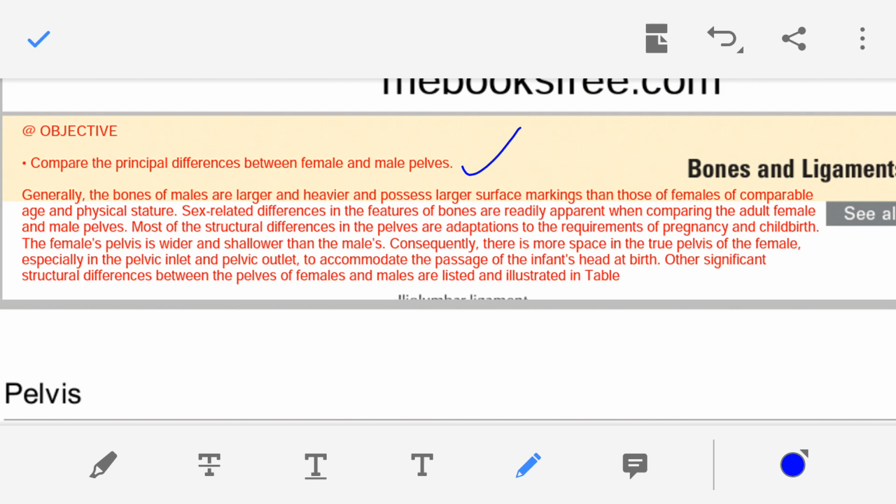Here it is written that the female pelvis is wider than the male pelvis. See this line: the female's pelvis is wider and shallower than the male's.